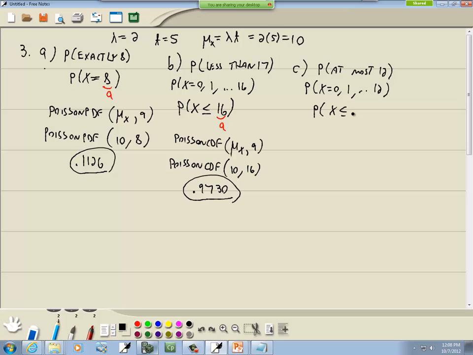Well, this is x is less than or equal to 12. This is like the one we just did. So this is going to be our a. And we're going to have Poisson CDF, mu sub x, comma a. So this is Poisson CDF, mu sub x, that's still 10, and a in this case would be 12.